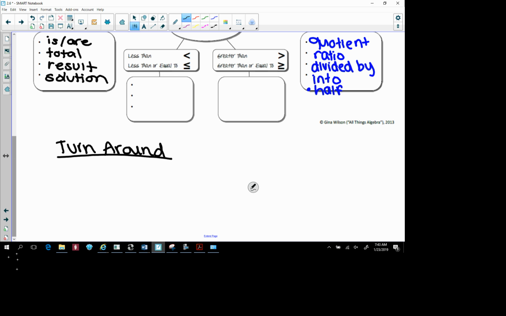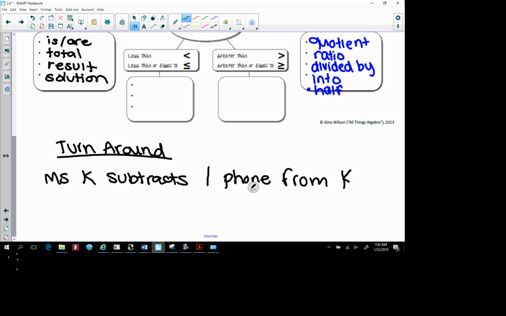So like if it says Miss K subtracts one phone from Kamari.